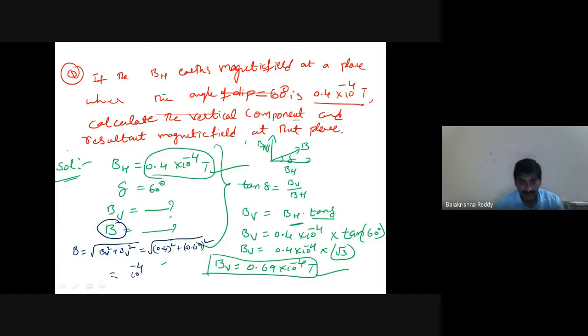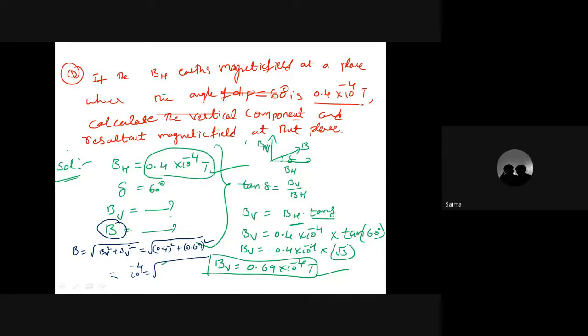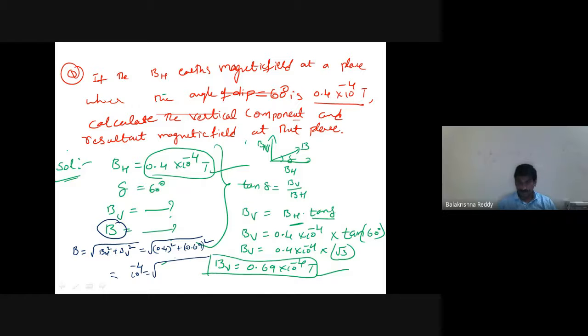Then we have to do 0.4 square plus 0.69 square. 0.4 into 0.4 gives us 0.16.